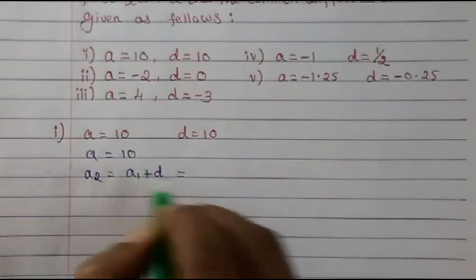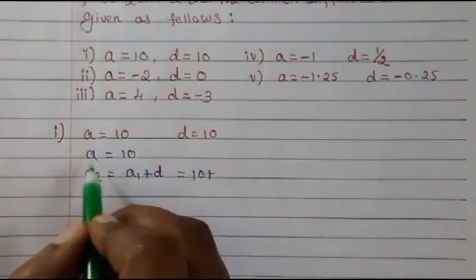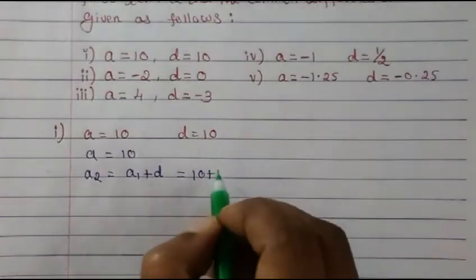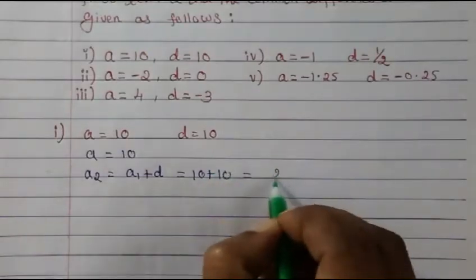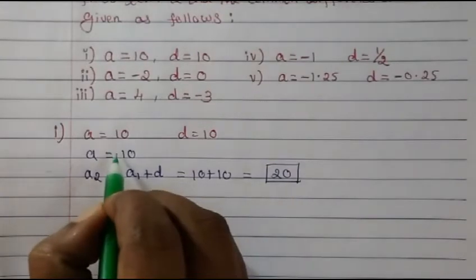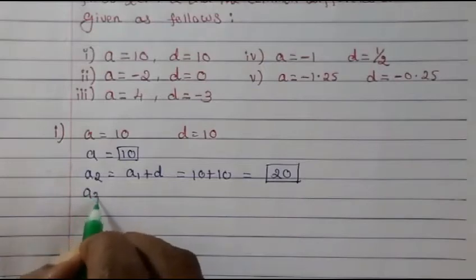So A is 10, plus D is 10, so in total we get 20. This is our A2, and this is our A1.